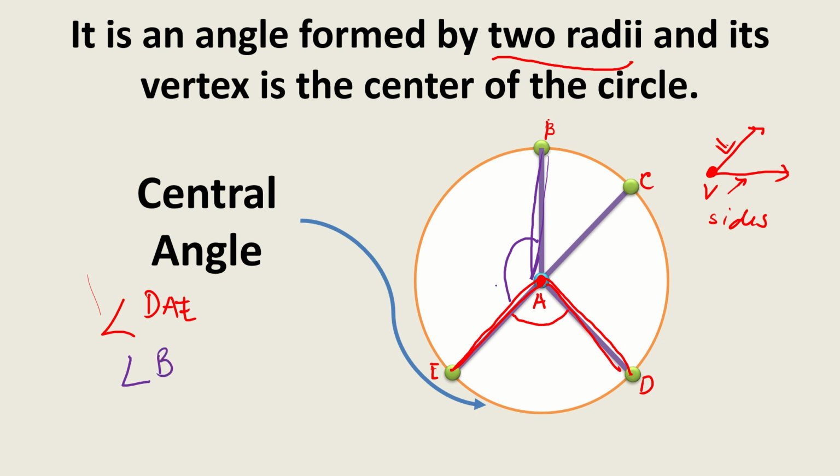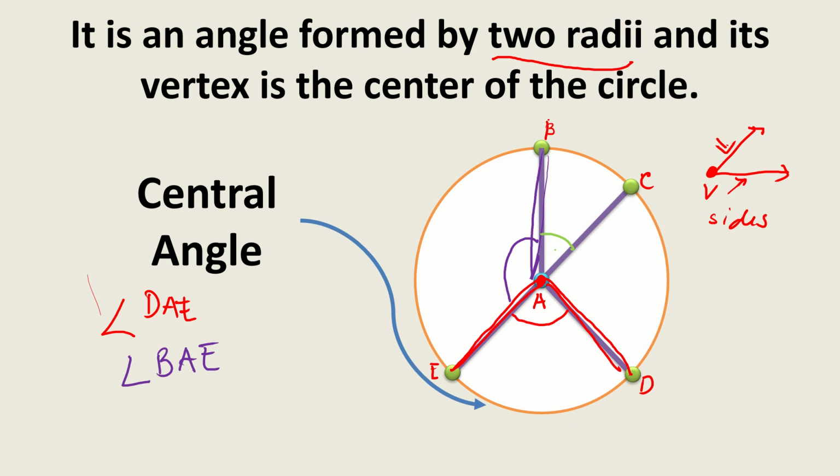Nasa gitna lagi yung center. So, BA. Then yung isa, E. That is also a central angle. What else? Ito pa. Basta ang sides niya ay yung radius and the vertex is the center.